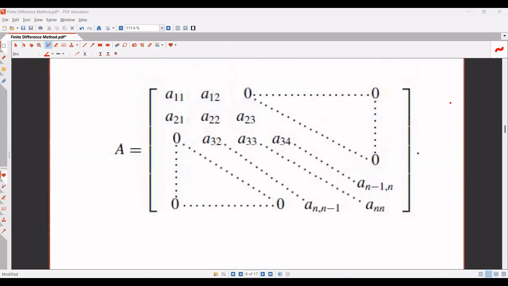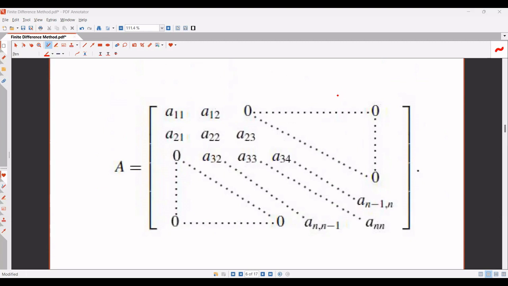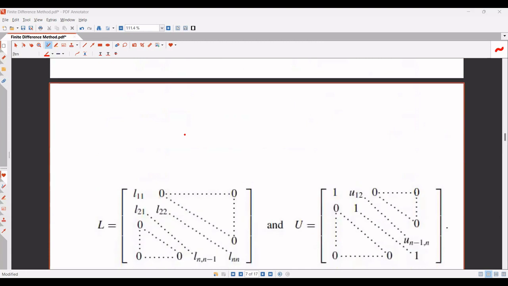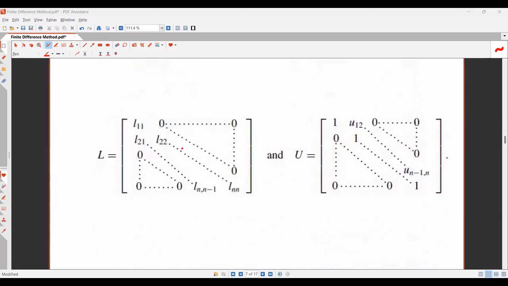Most of you should already know what an LU factorization method is, but let me explain briefly. For any matrix A, forget systems of equations, you can express the matrix as a product of two matrices, name them L and U, where L is a lower triangular matrix and U is an upper triangular matrix.